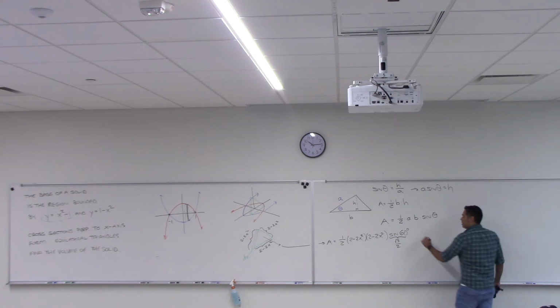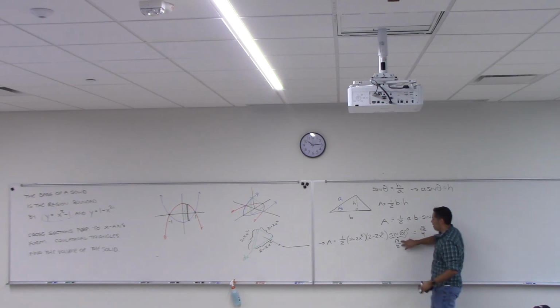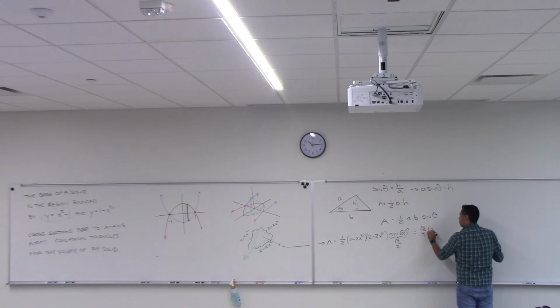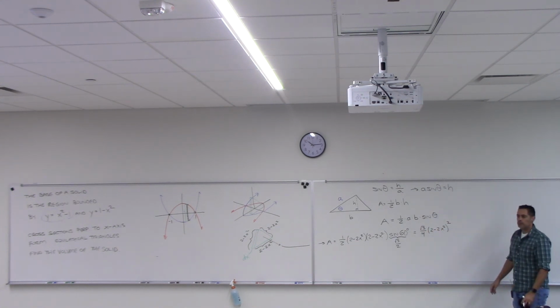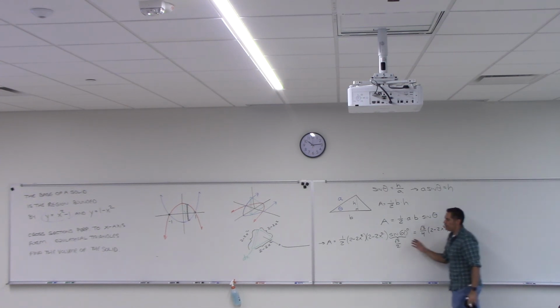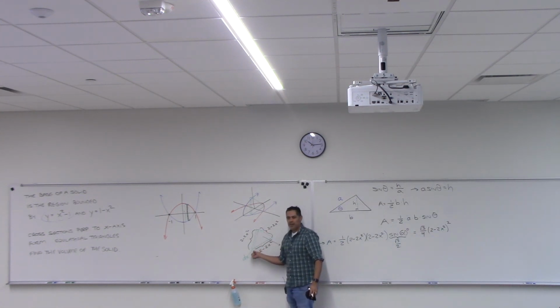And so if I simplify this out, this is going to become a root 3 on top over 4. I'm just bringing that out to the front with the half. And then I have the 2 minus 2x squared, but I have 2 of them, so squared. That's the area of the front of this equilateral triangle. And then I have the thickness, right?